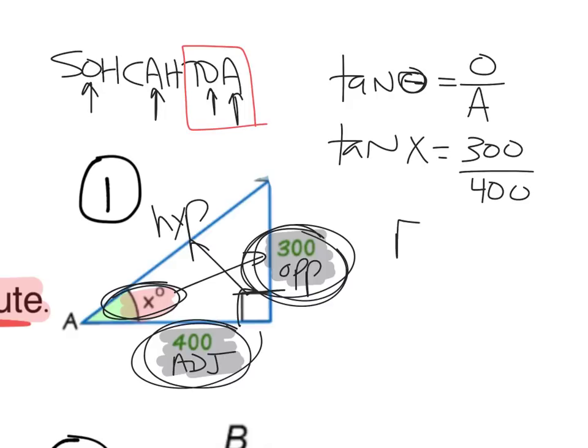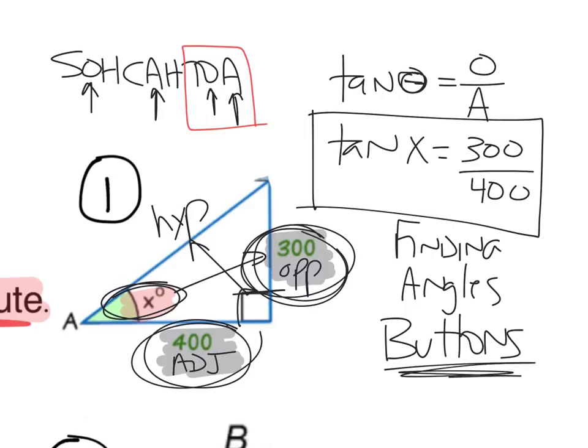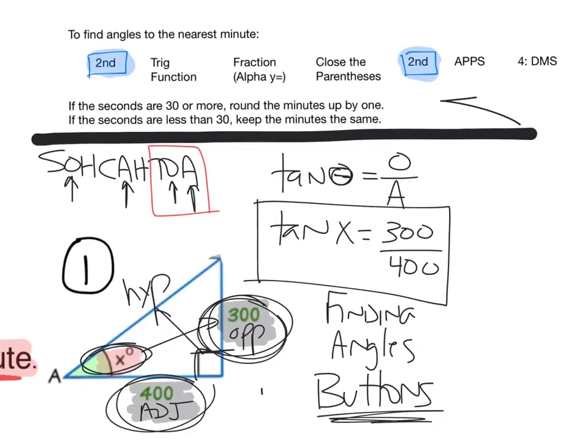Now when you're finding angles, once you substitute into your rule, you're essentially done with the math, and now you're going to push buttons to get your answer. So here's the sequence of buttons that you need to know to find angles of triangles. The first step, anytime you're finding an angle, is to press the second button.